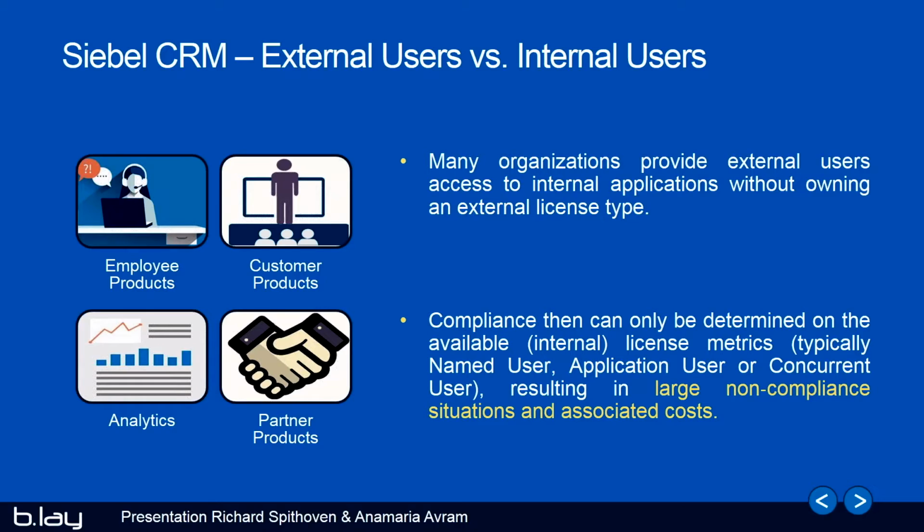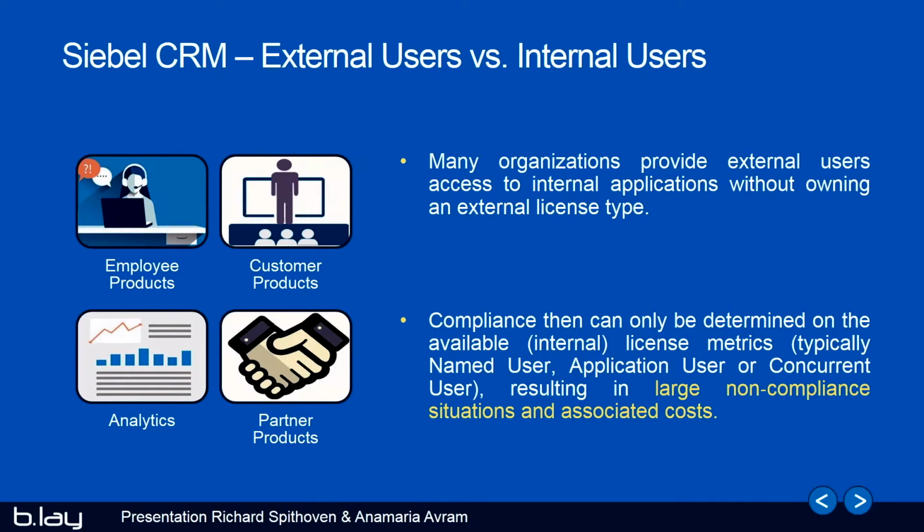It can happen that all those customers that have access to the home banking service also have access to internal applications. So in this case, we can talk about thousands or millions of users that at some point might be allowed to use the Siebel CRM base, for instance, which is an internal application that costs around 4,000 euros.